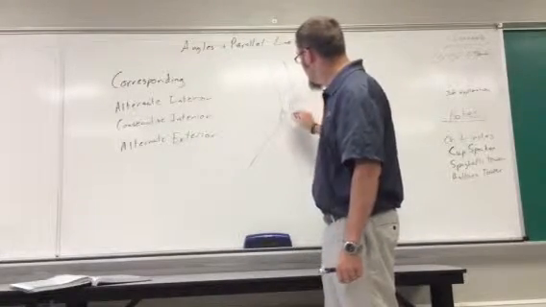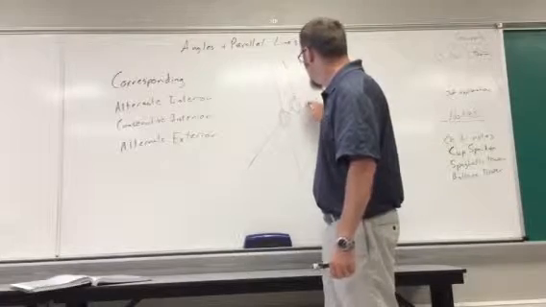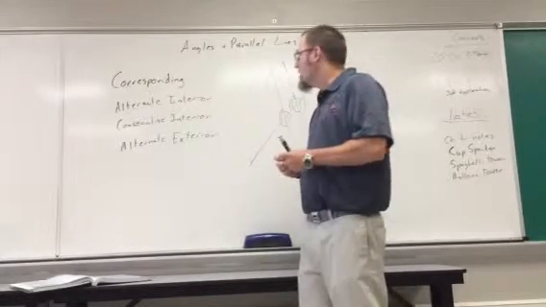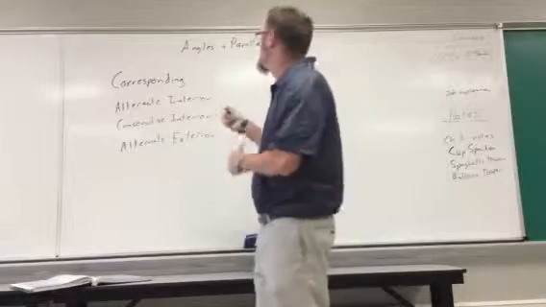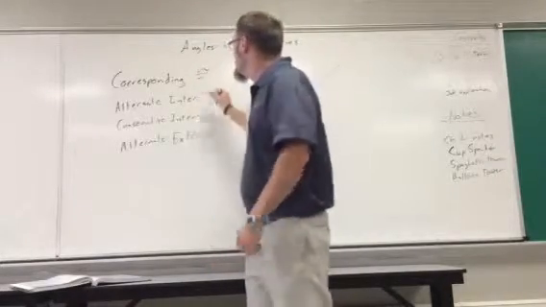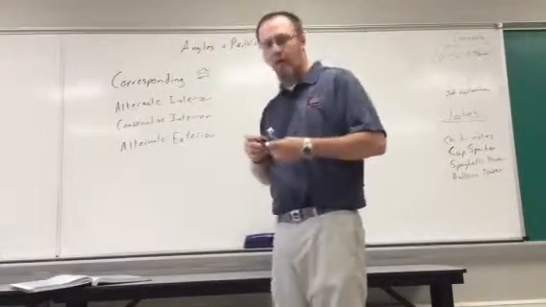This one, the one on the next line, this one, the one on the next line. Any of those sets of corresponding angles are congruent, and we can use that to help prove other things later on.